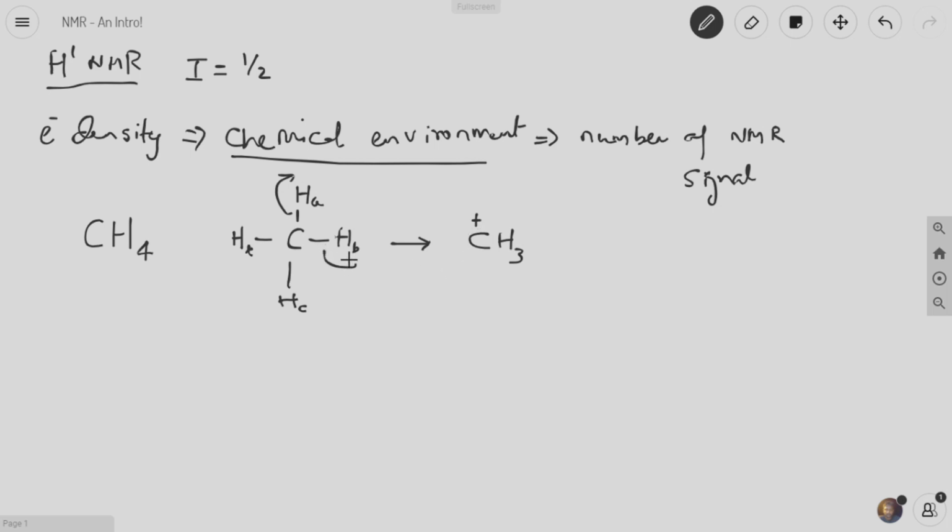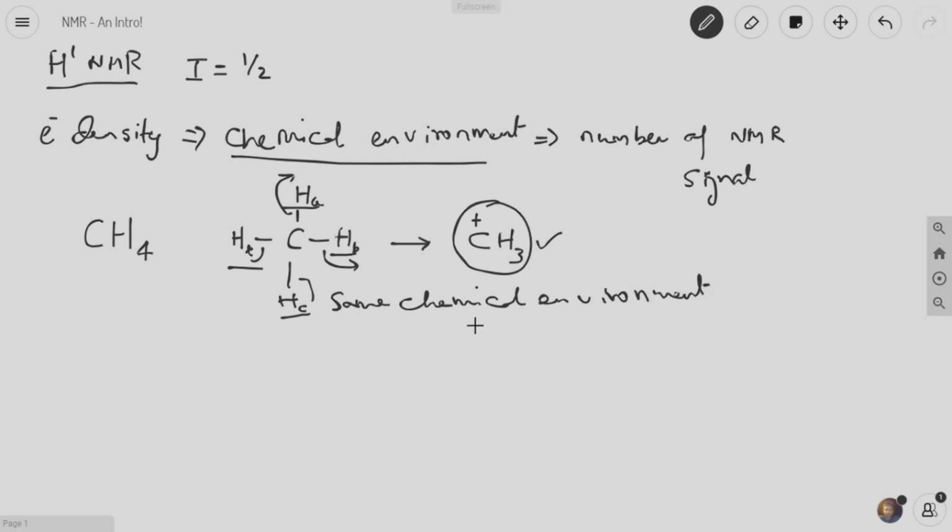Even if I remove HB, it gives the same methyl cation. Even if I remove HC or HD, the final species I get is a methyl cation. So all 4 hydrogens present in methane have the same chemical environment. Hence, we will get only one proton NMR signal.